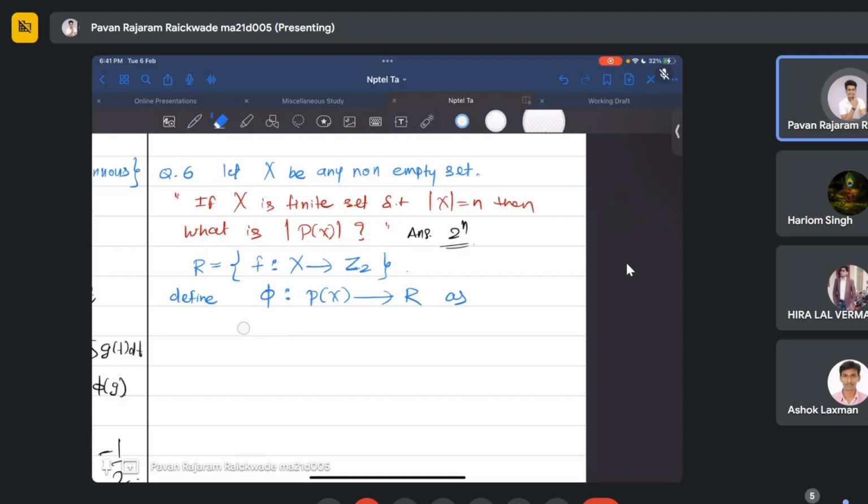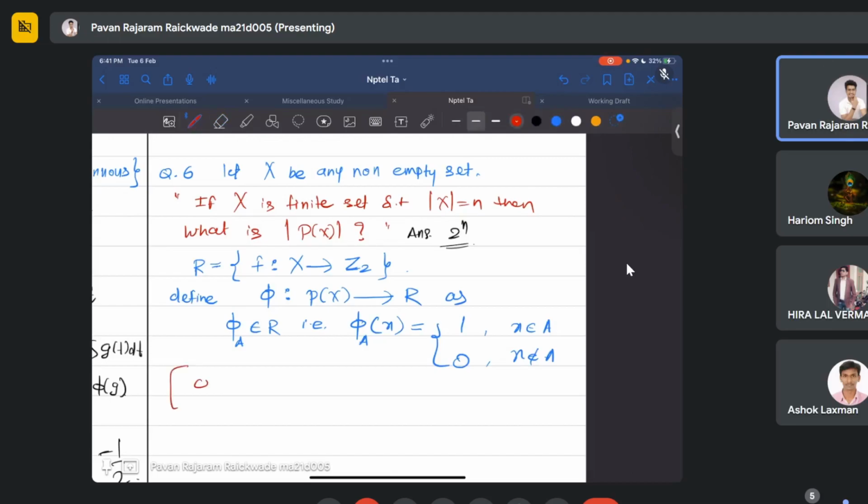Phi of A has to be a mapping, right? I should write it like this. Phi A belongs to R, that is, phi A for any element x is 1 if x belongs to A and 0 if x doesn't belong to A. Right? What is this? Simply it's a characteristic function, right? Simply phi A is the characteristic function.